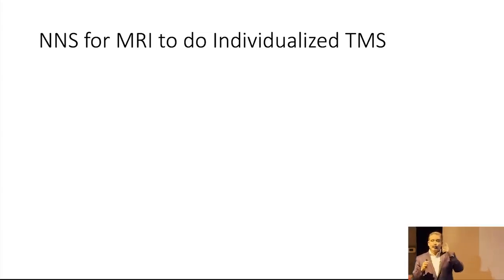To be able to answer this question, we need to have studies that show the effect size of doing individualized TMS compared to non-individualized TMS without MRI. How much is adding MRI to TMS increasing the effect size of TMS? Okay, does it make sense? Okay, you need to have this number.